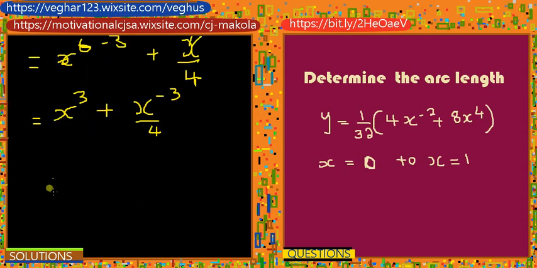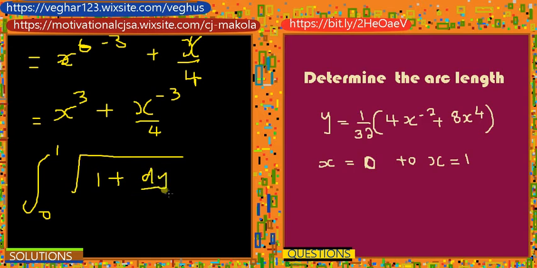Now from here it's time to put the integral sign, because we have limits of 0 and 1. We're already done with the square root sign. This is another stage, where we're just putting the integral sign and the limits, the boundaries.